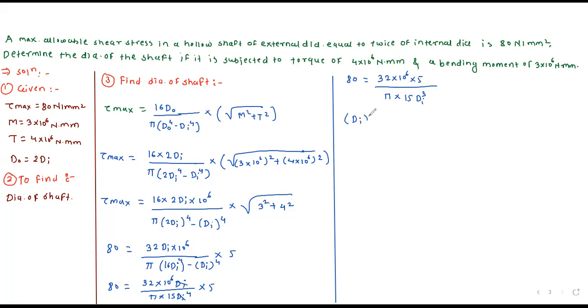So Di cube is equal to 32 into 10 raised to 6 into 5 divided by pi into 15 into 80. You calculate the value and tell me, Di cube is equal to how much?